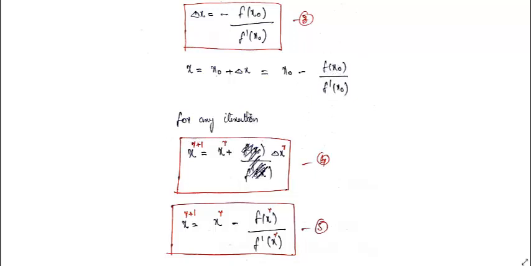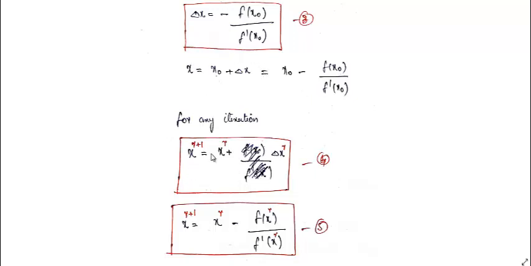For any iteration, in the general case, x r plus 1 will be equal to x r plus delta x, which we have written over here. You can see this x is x naught plus delta x naught. This will be 1, that means this is the first iteration.